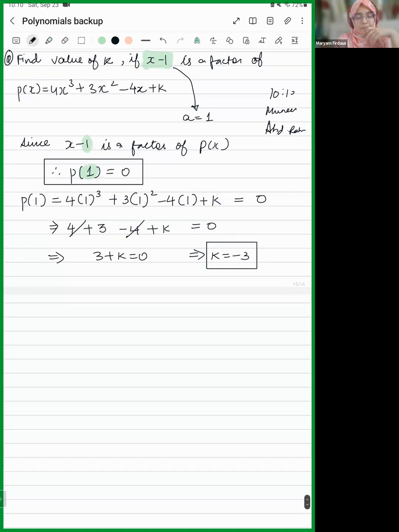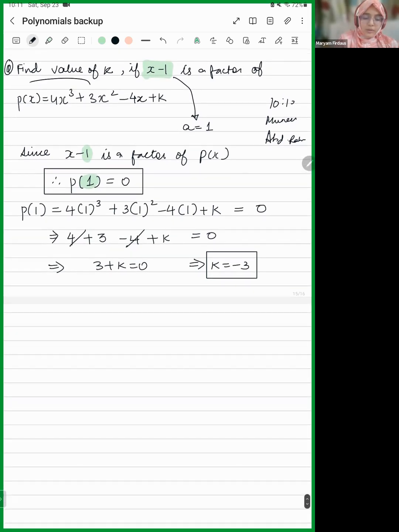Ma'am, why did we take P for X? Are you talking about this thing? No, no. It should be X minus 1 equals 0. Right? X minus 1 is not 0, dear.